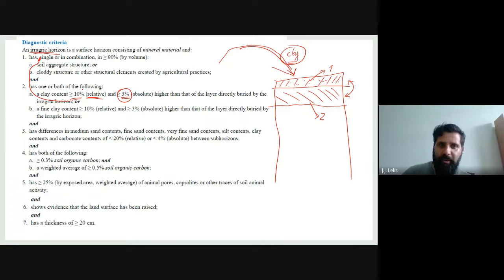How can I calculate this? We just need to calculate a ratio between these two contents. So if the first horizon presents 50% of clay and the second horizon presents 32% of clay, we just need to divide this, and I'm not good at math, so let me calculate this.